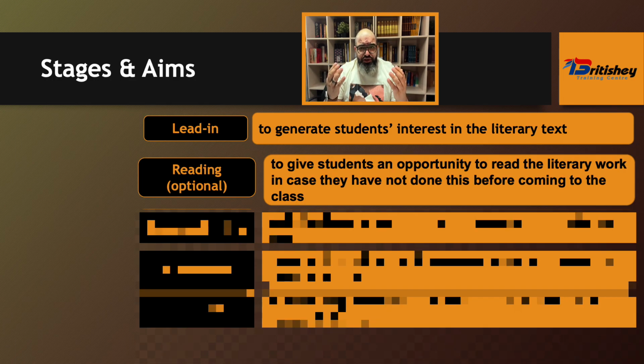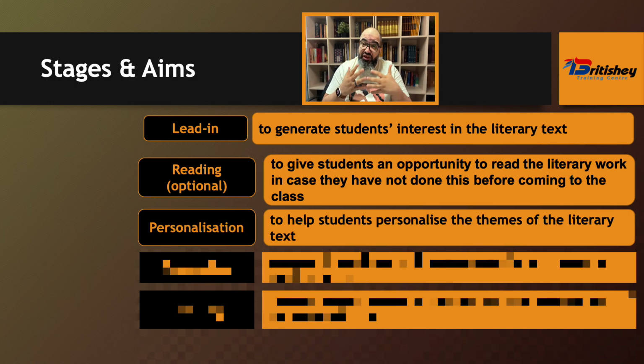Now, after reading, we have the personalization stage. And in the personalization stage, we will try to help students personalize the themes in the literary text, the topics in the literary text, the key issues in the literary text. That's what we want to do here. And after personalization, we have the responding stage.